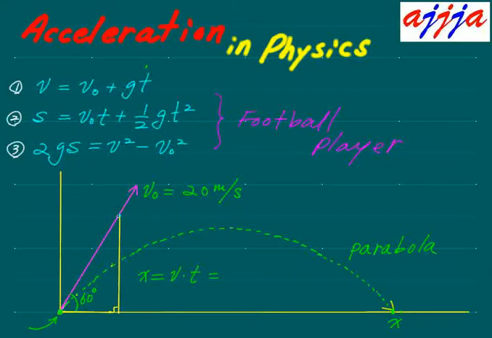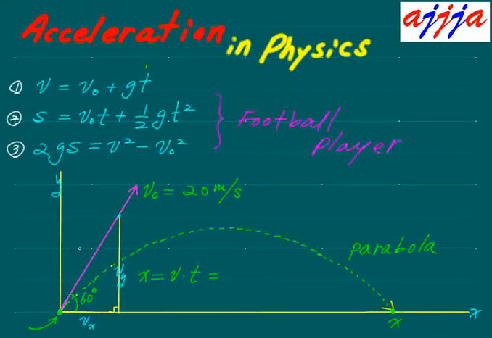Imaginarily, this one went to this point. Then the horizontal distance is right here, which is the horizontal velocity. I'm going to call this one vx, velocity for x. What about this distance right here? This one is the velocity y. Let's say this one is x, this one is y.